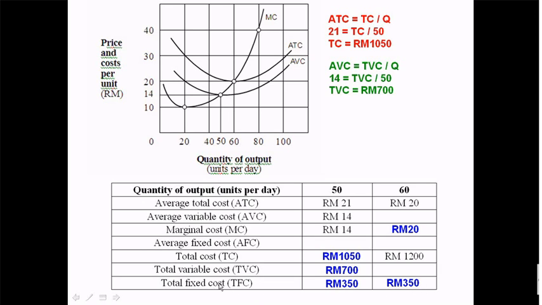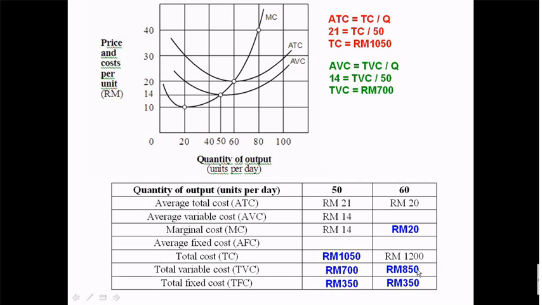Fixed for both levels of output. So if total cost is 1,200 and the total fixed cost is 350, again you can find the difference to get the total variable cost. This will be 850.